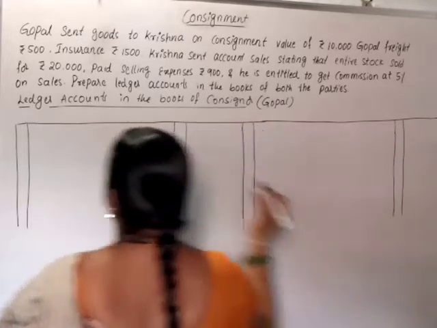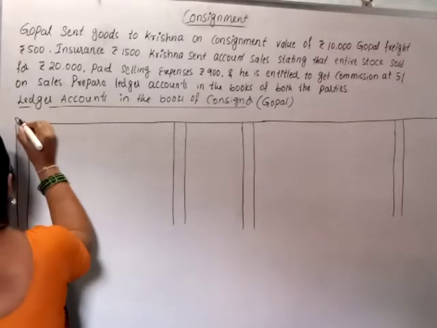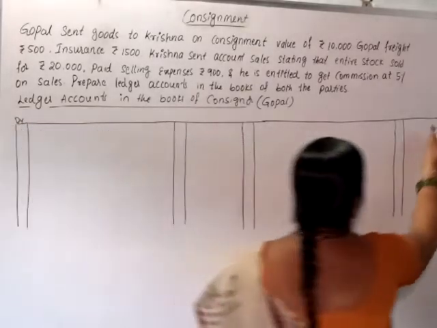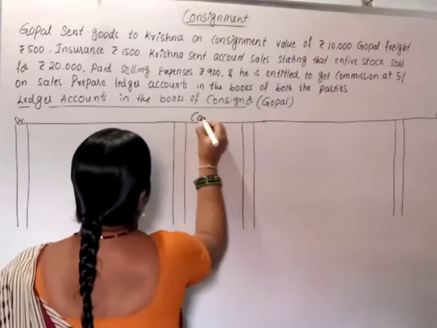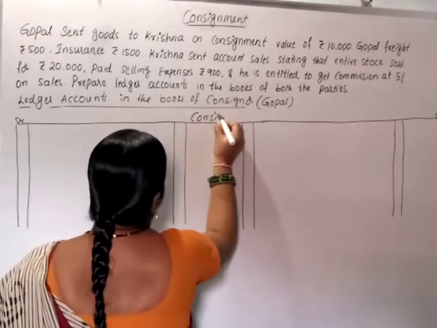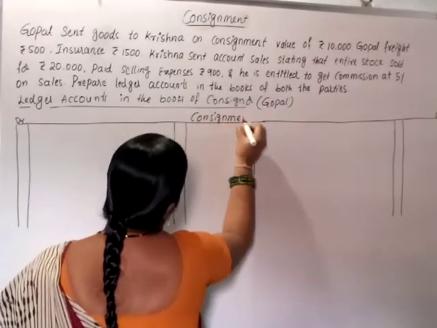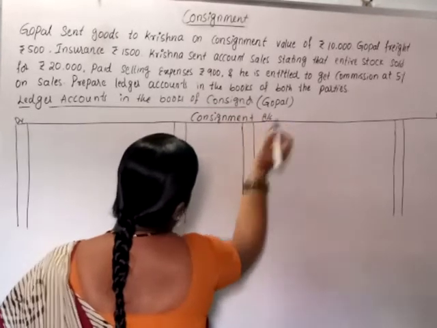Then write down debit side here and credit side here. Which account is this? Consignment account. So write the heading for the account: consignment account.